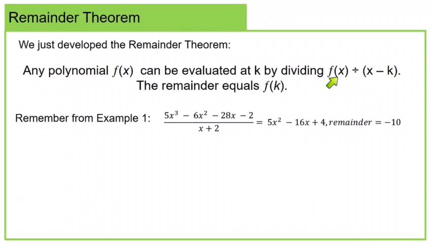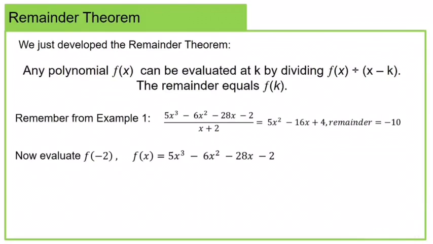So if we think about it like this, where we're dividing by x minus k, our k would have to be negative 2. Let's evaluate f of negative 2 and see what happens. I'm betting that we'll find a function value equal to our remainder, but let's see.